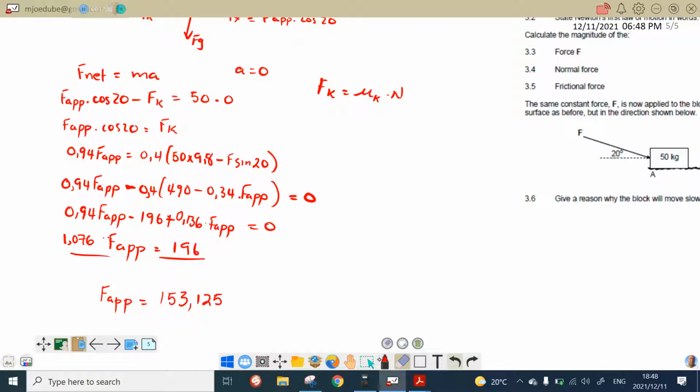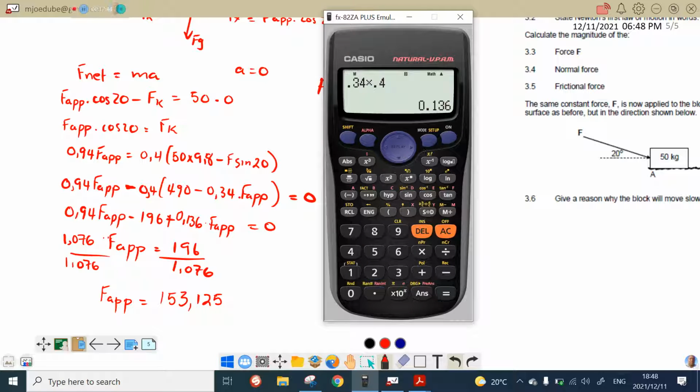So if I divide both sides by 1.076, 196 divided by 1.076, the answer that you will get is 182.16.